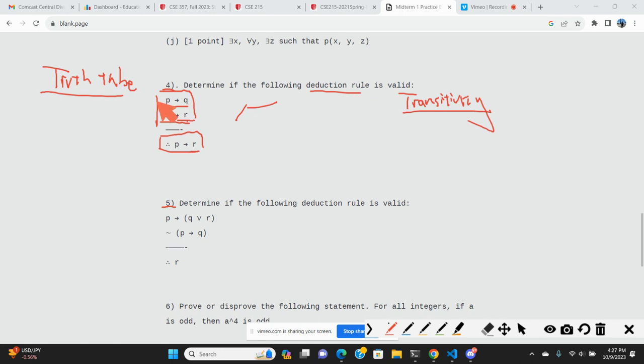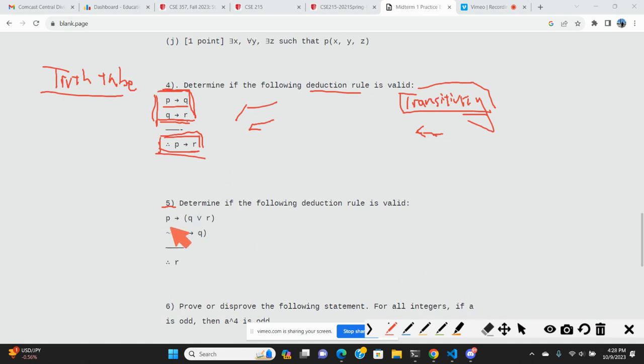But if every single row having the predicates as true has the conclusion as true, then the deduction rule is valid. In the interest of time, I'm not going to do that for 4, because if you recall transitivity, you can directly say that. I'm going to make a document of important midterm information and attach it, so if you want to study that, then yeah. But let's see how it's done for number 5.